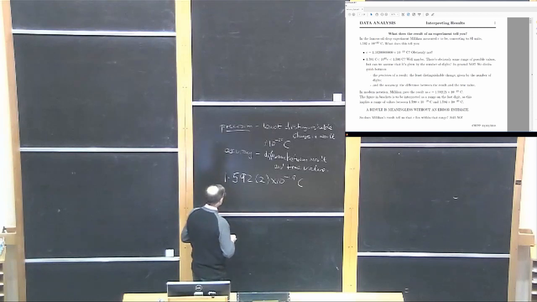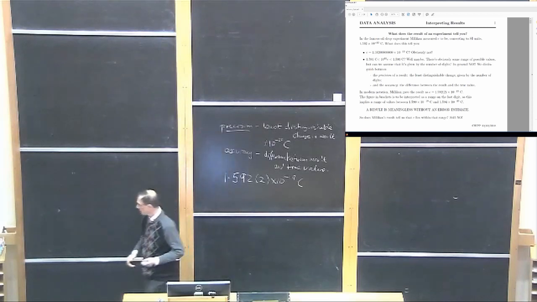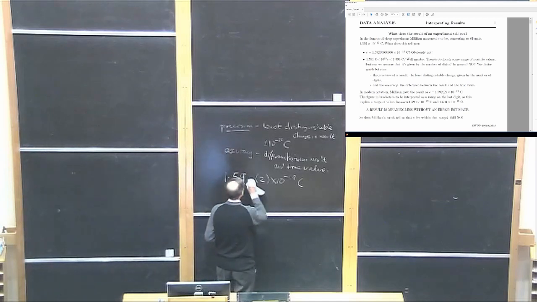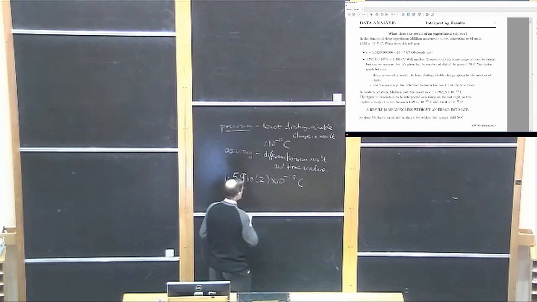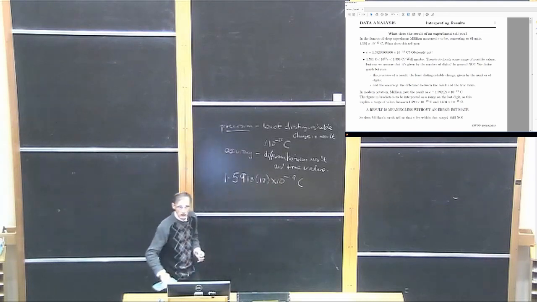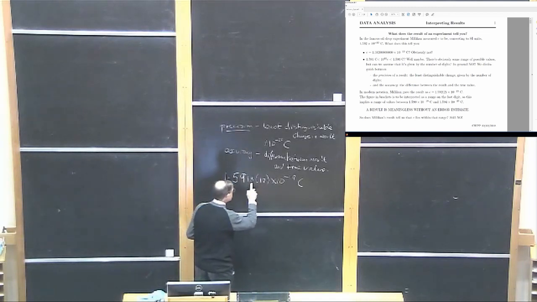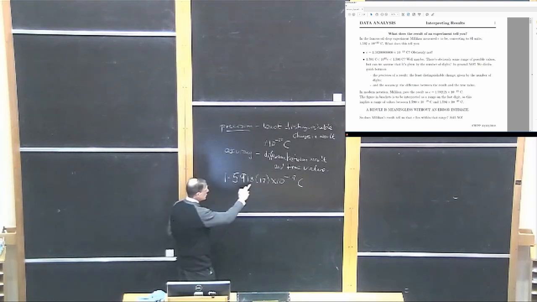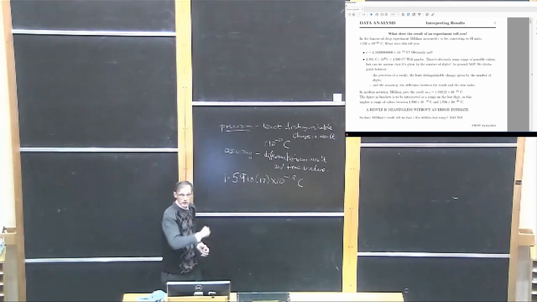Had he, counterfactually, quoted another digit, suppose he'd given 1.5918 instead of 1.592, and he'd given the error, he might have then given the error as 17. Okay, so now it's 17 in the last digit, which is pretty well equivalent to 2 in the digit.